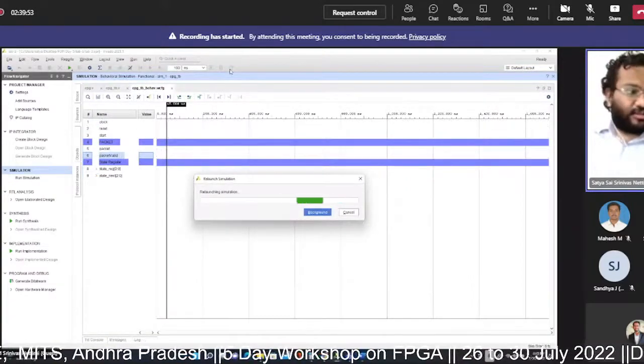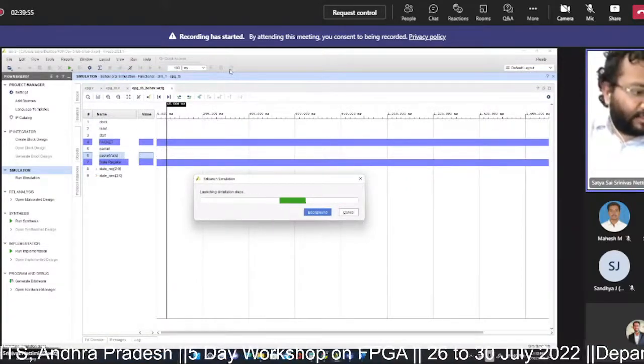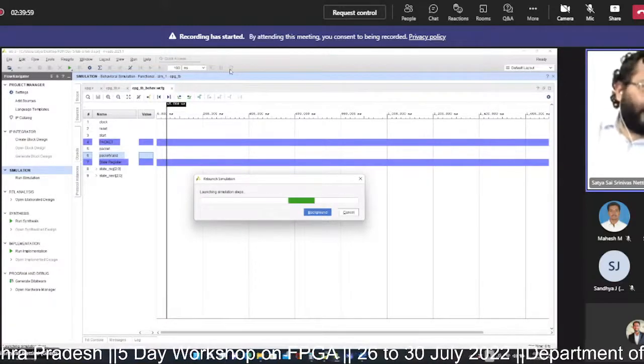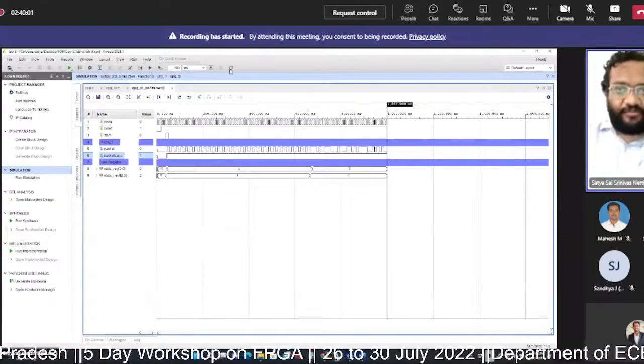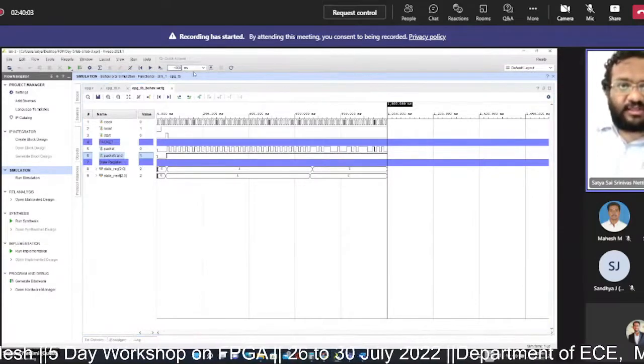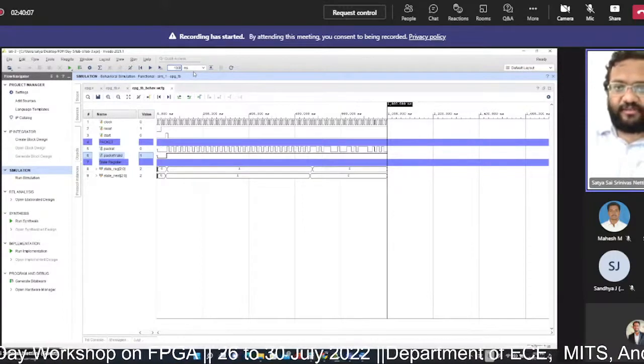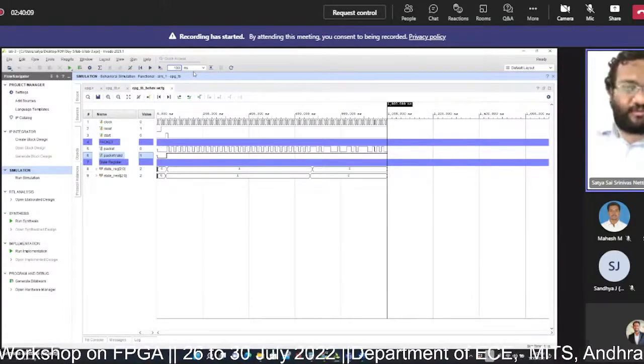So I think source MAC address bits are also sent out as Ethernet frame data. So we just run the simulation. Simulation by default stops at 1000 nanoseconds, but our frame is longer.